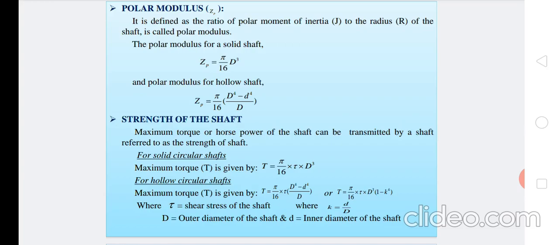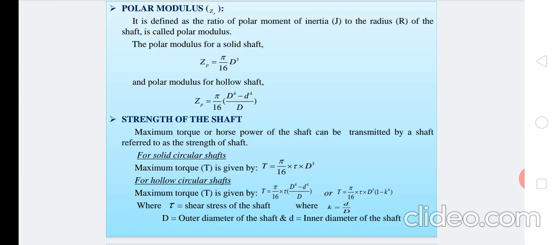Now, strength of the shaft. The maximum torque or horsepower that can be transmitted by a shaft is referred to as the strength of the shaft. For a solid circular shaft, the maximum torque T is given by T equals pi upon 16 into tau into d cube.